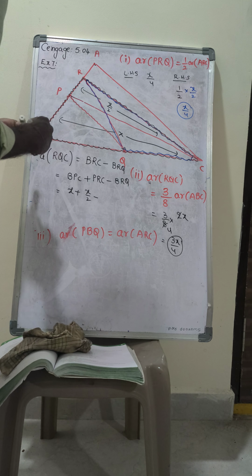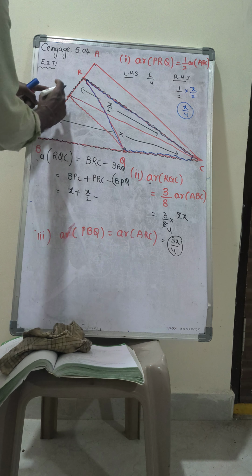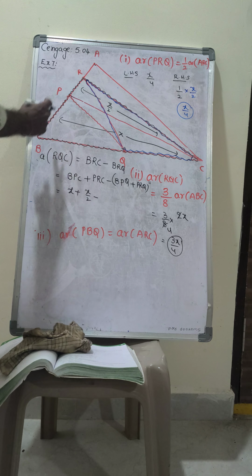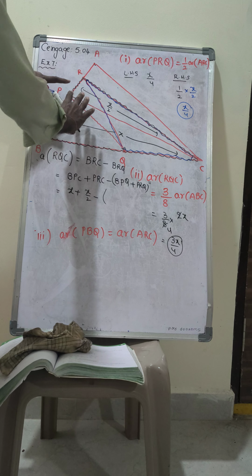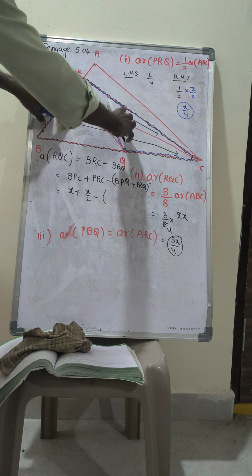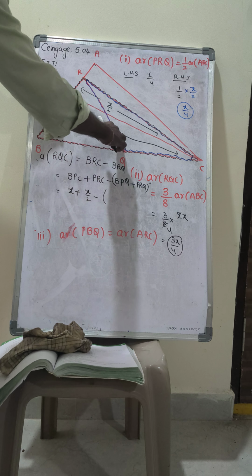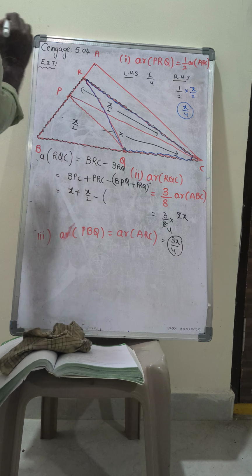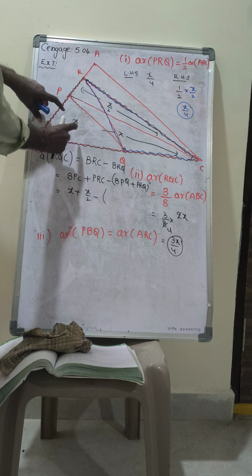Okay, so let's write BRQ as BPQ plus PRQ, right? Minus, what is BPQ area? See, observe here, this is a median. So this entire area will be X. This is also median. Therefore, this will be X by 2.